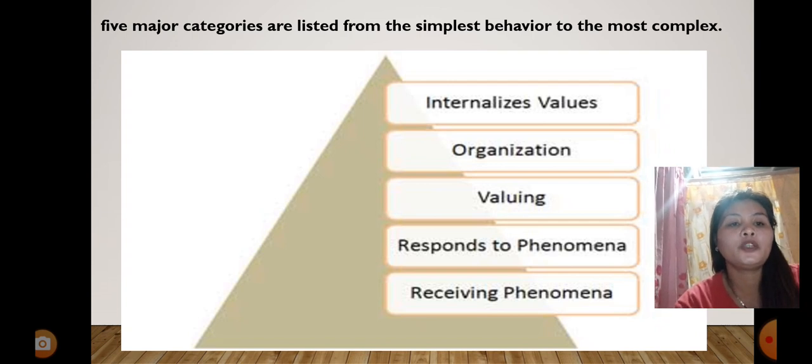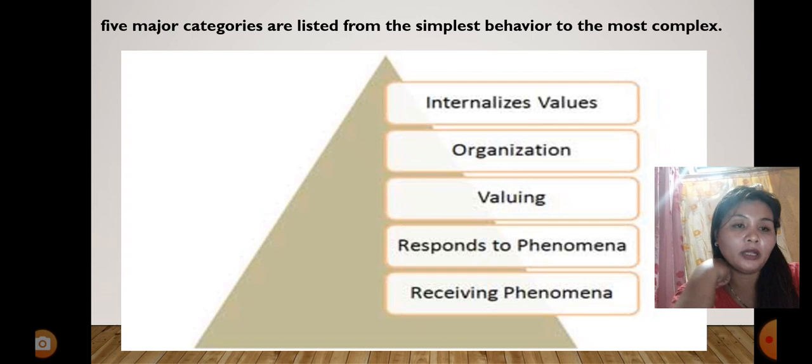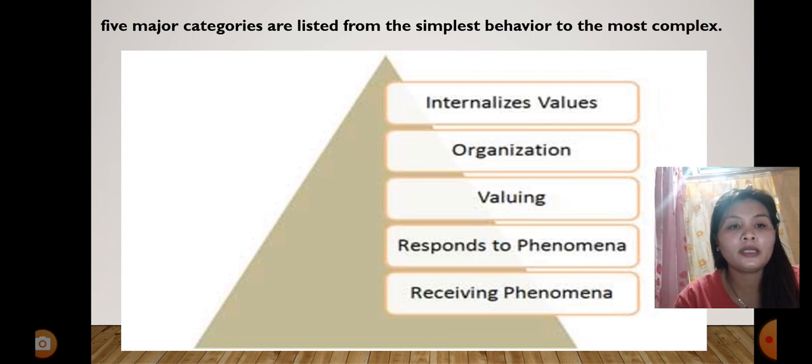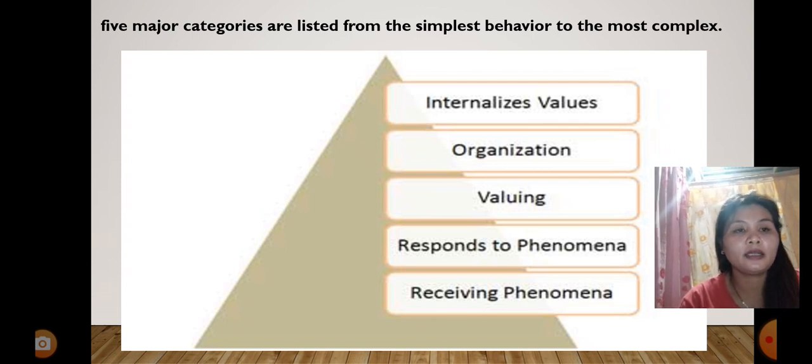So we have responds to phenomena, active participation on the part of the learners, attends and reacts to a particular phenomenon. Learning outcomes may emphasize compliance in responding, willingness to respond, or satisfaction in responding. And we have the last one, receiving phenomena: the awareness, willingness to hear, selected attention.